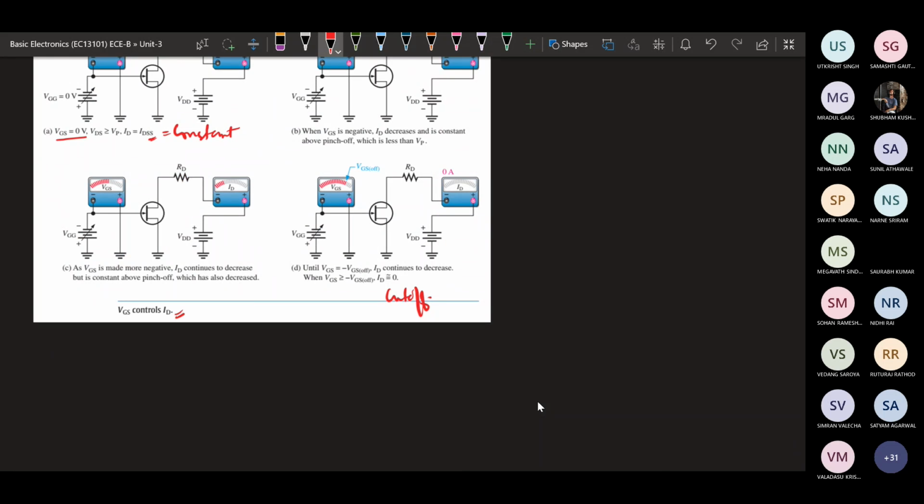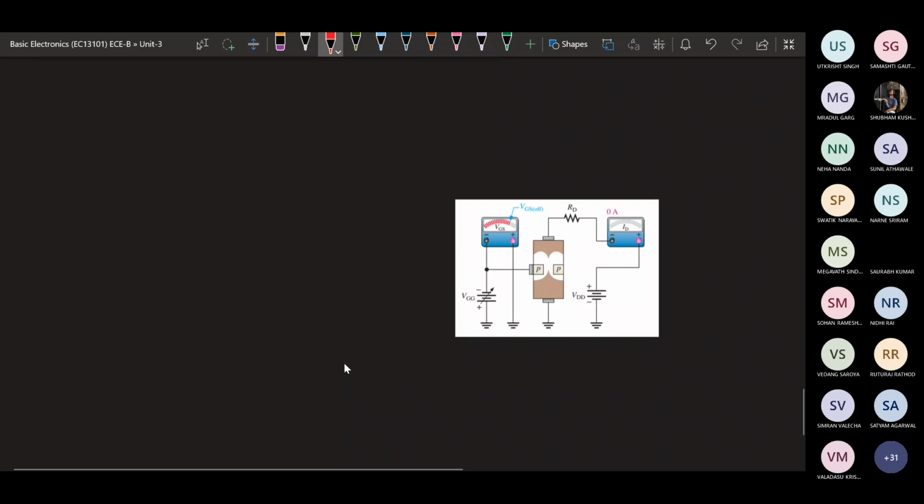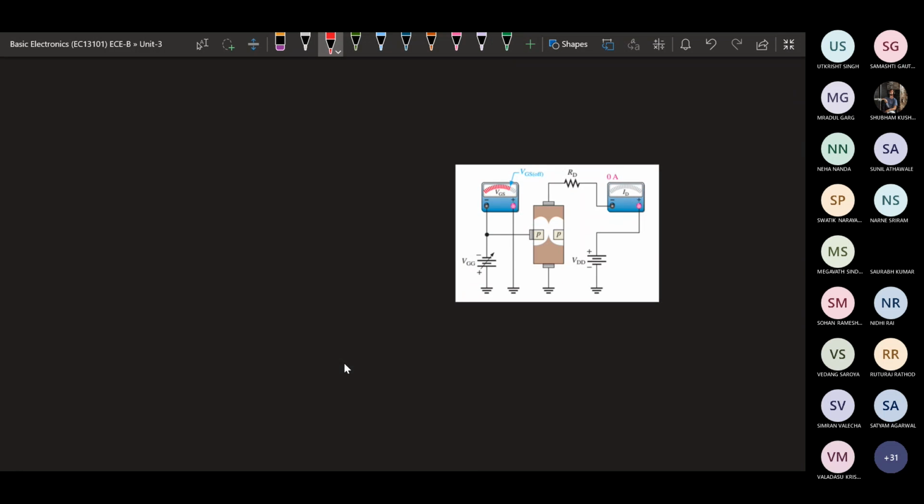So these are the curves, all the characteristics. Another curve is called the transfer curve. We will see what the transfer curve is. This is the figure showing the cutoff operation of JFET.